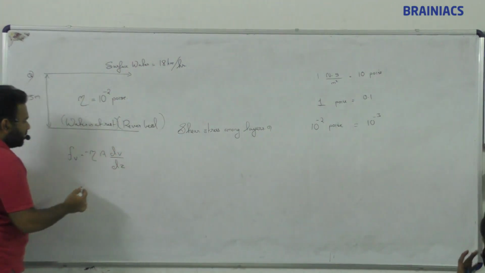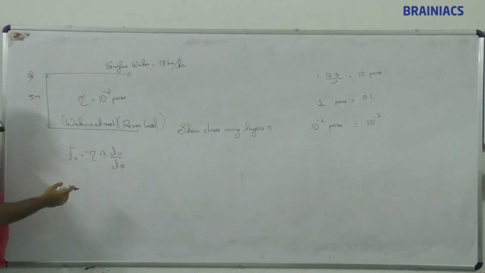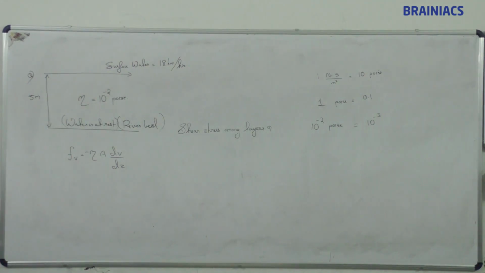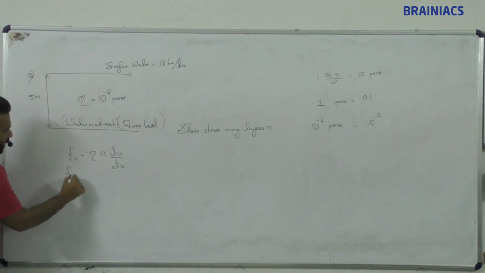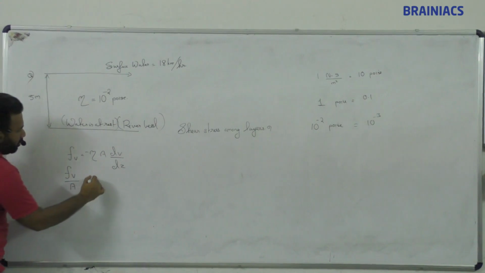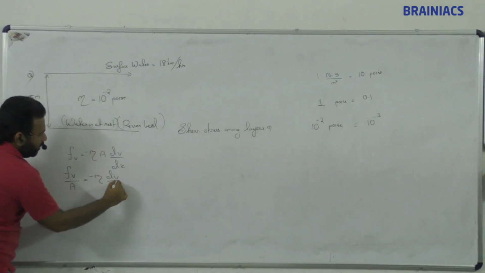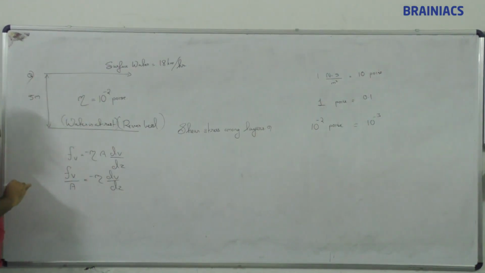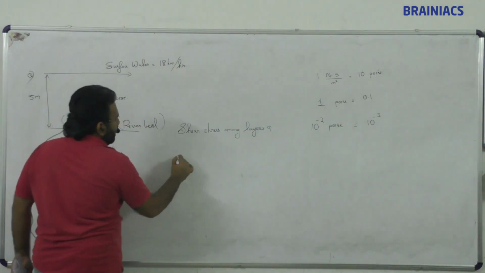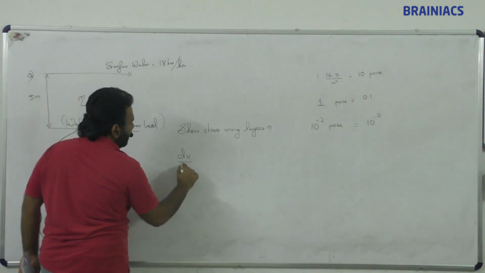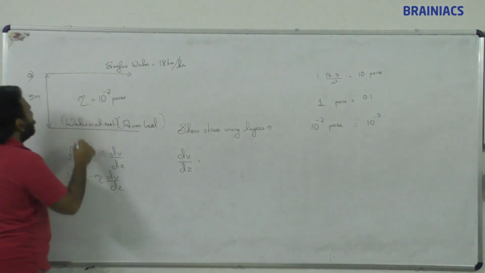Viscous force is acting tangentially, acting on the layers. So F by A is equal to minus eta dV by dz. Can I write like this? Okay. dV by dz is how much?